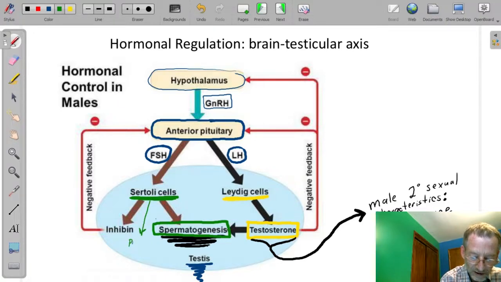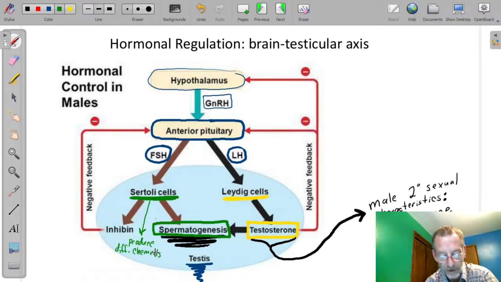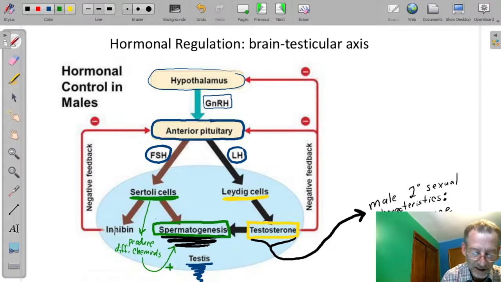We'll just leave it as produce different chemicals or factors. Those chemicals or factors produced by the Sertoli cells in turn stimulate spermatogenesis. So I'll put a little plus next to that. The Sertoli cells are doing more than just acting as nurse cells. They are also actively promoting spermatogenesis, and they also produce inhibin.